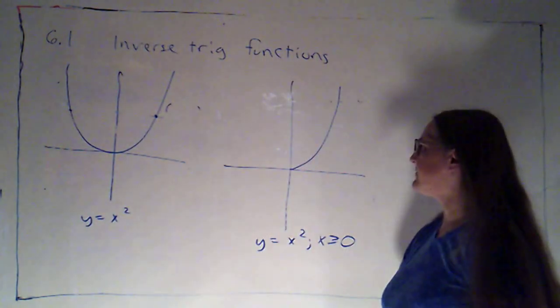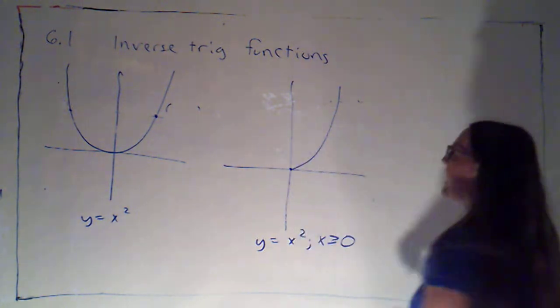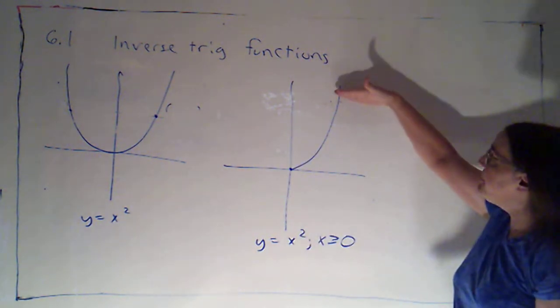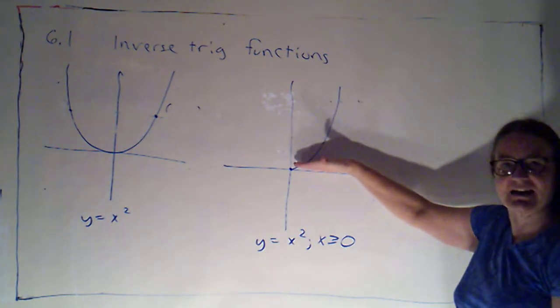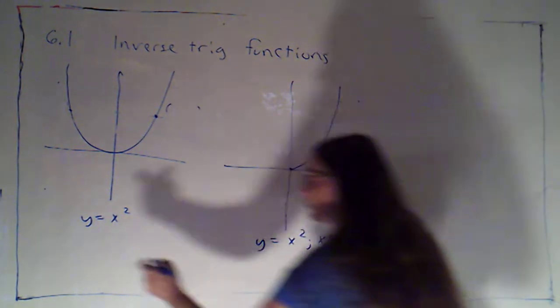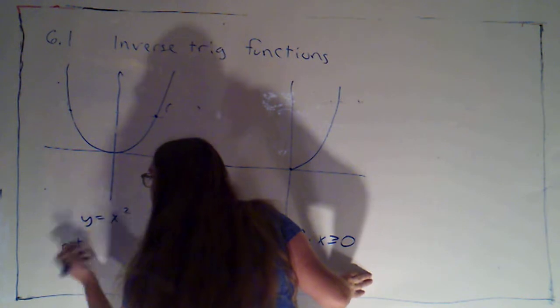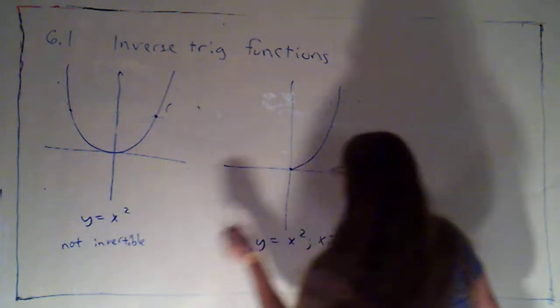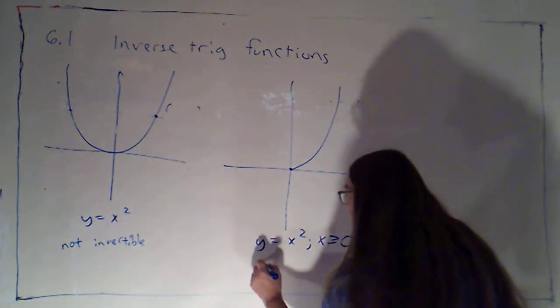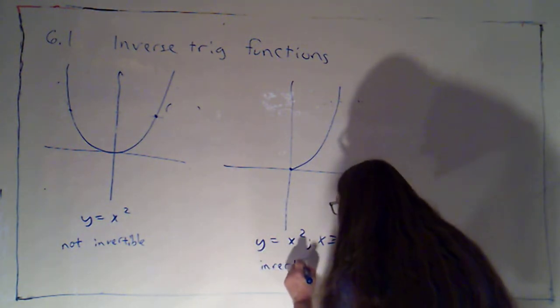Let's get rid of the left side. Let's just look at this. Now this passes the horizontal line test, so this is invertible. So this function, y equals x squared, is not invertible. Y equals x squared with a restricted domain is invertible.